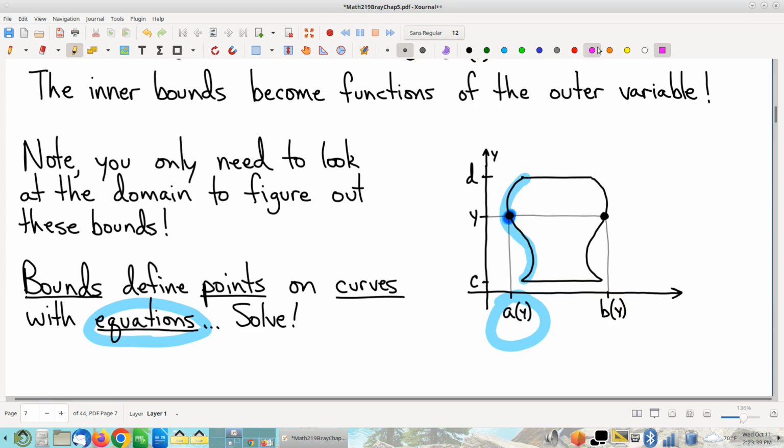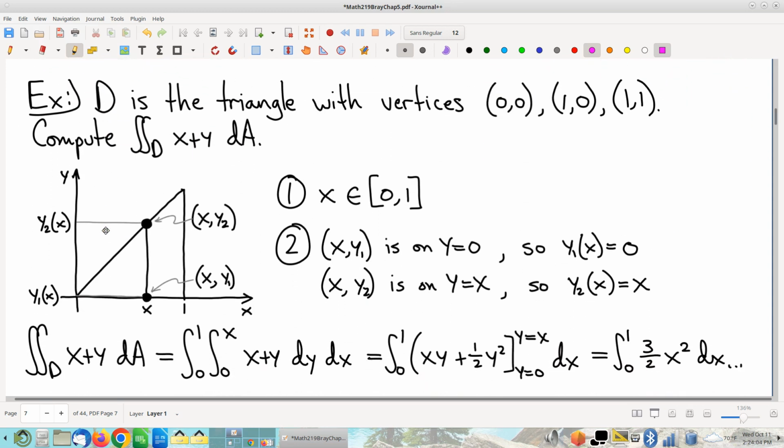The bound I'm looking for is an x-coordinate, so I'm going to solve for x in that equation, and that will tell you that bound. Likewise for the upper bound, and I'm just going to dive into an example. I think you'll get the feel of the process in the example.